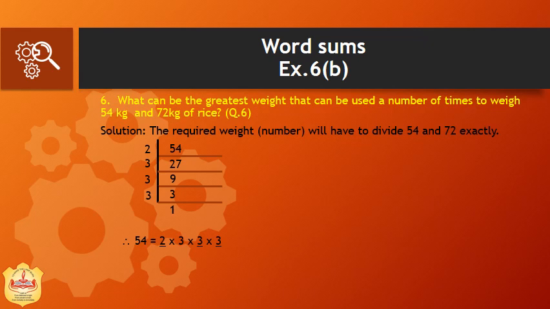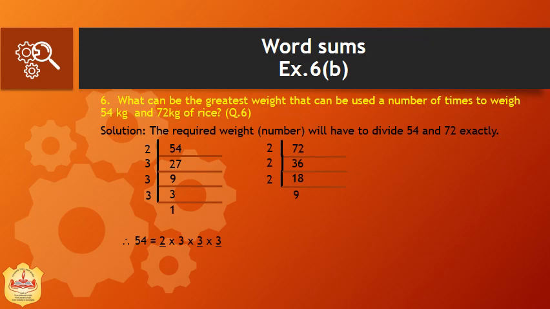Now let's come to the next number, which is 72. 72 again is an even number, so it can be divided completely by 2. So let us divide it by 2. When we divide 72 by 2, we get 36 as the answer. Again 36 is an even number, so we can divide it by 2 and we get 18 as the answer. Now 18 is also an even number, so we divide it by 2 and we get 9 as the answer.